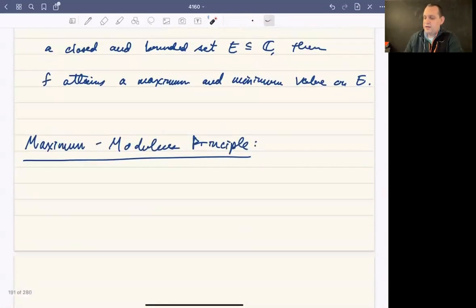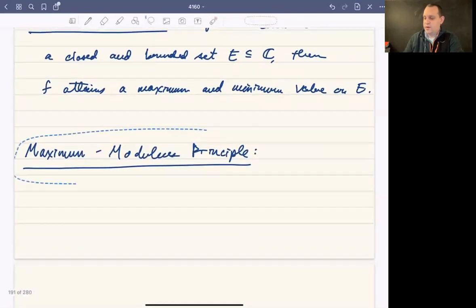Now, in that context, let's talk about the maximum modulus principle.